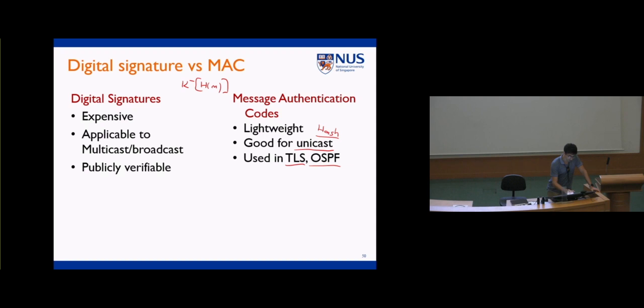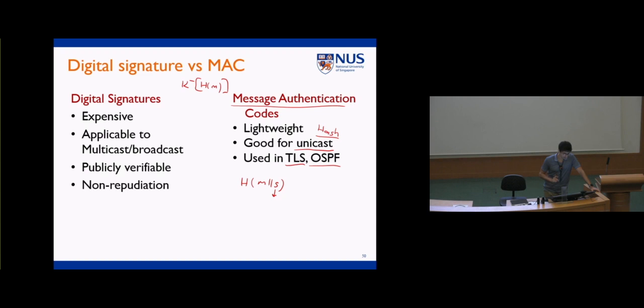If we recall what we had in the message authentication codes, for someone to be able to verify my MAC, my message authentication code, they need to possess the shared secret key, right? If I sent them H of M, S, to be able to verify that, they have to possess my shared secret key.